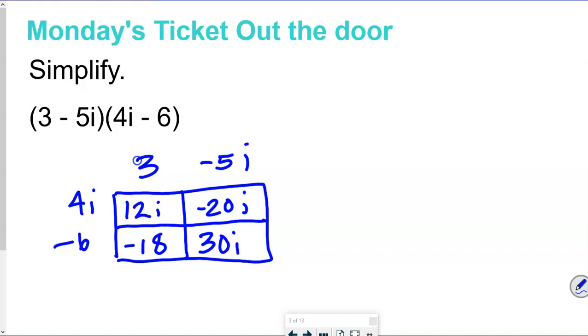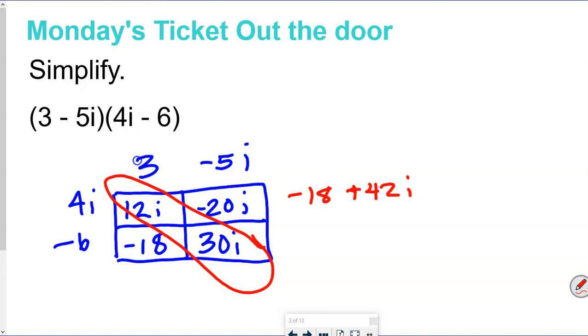Now this time, because they weren't in descending order, notice that our like terms are right here, right? So we're going to add 12I to 30I. That's going to be 42I. So we've got negative 18 plus 42I. And then, oops, I missed this. Did you guys catch this? I made this mistake. When we multiply I times I, that should be negative 20I squared, right?